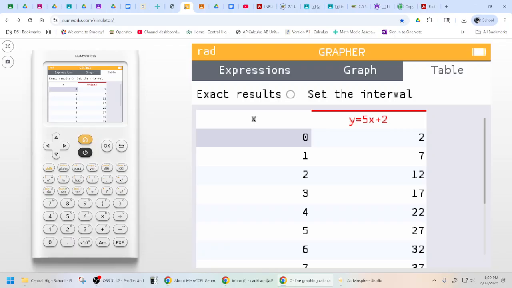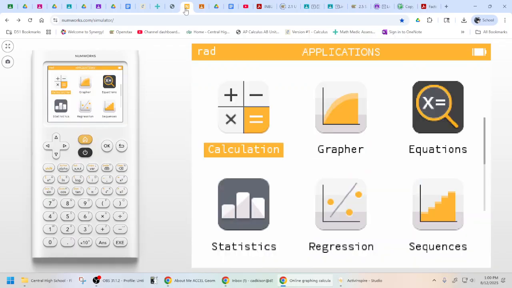But remember, I also showed you on the home screen, you can define a new function. So 5x plus 2, shift, x to the y button, so store, and then call your function whatever you want, f of x. And it will now read anything you plug in for x to f, and plugs into that function. Okay?